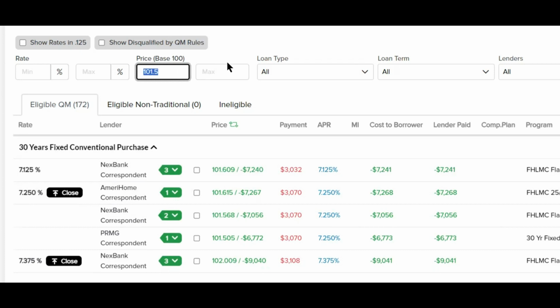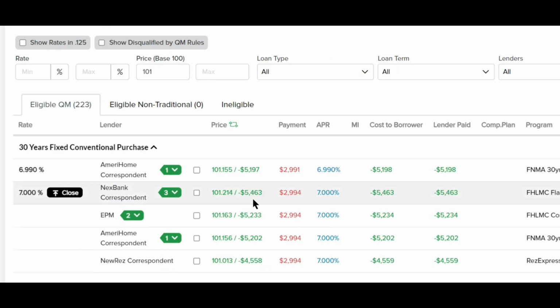I want to see a little bit more information. So I'd put it in at maybe 1%. And when I reshuffle the deck, it's going to show me, wow, I could get AmeriHome at 6.990 at 101.15. So we would have to charge the borrower essentially 35 basis points in order to meet your comp plan.